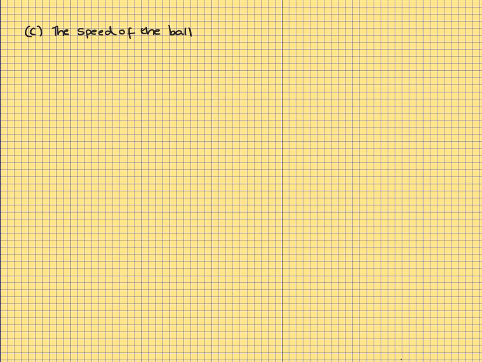Part C of this part of the question asks us to find the speed of the ball. So we know that the velocity will have a horizontal component and a vertical component, and the vertical component is minus 5.25 or 5.25 downwards. To find the speed, we're going to need to find the hypotenuse of this right-angled triangle. Now, the horizontal component of the velocity is constant. It's the same as the initial horizontal component of the velocity, and we worked that out quite some time ago.